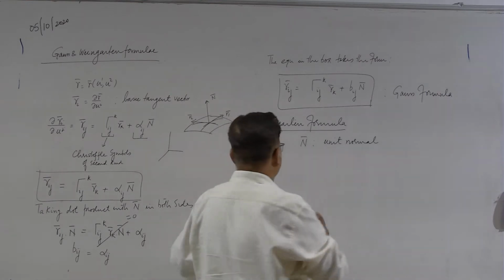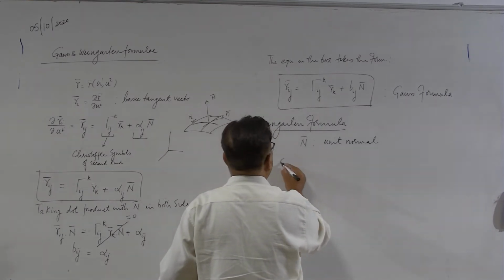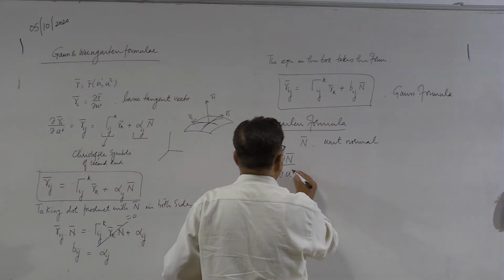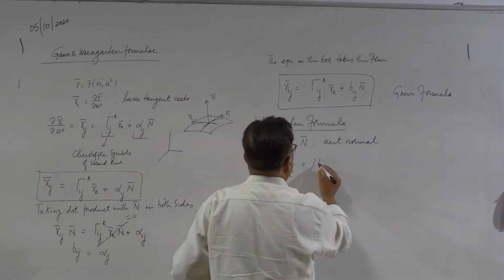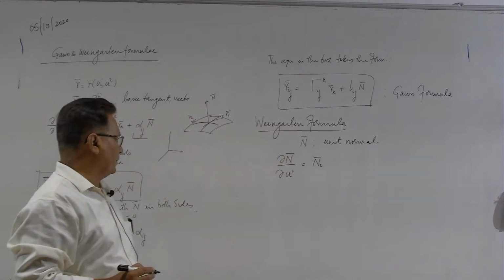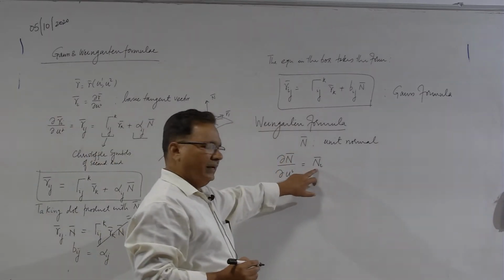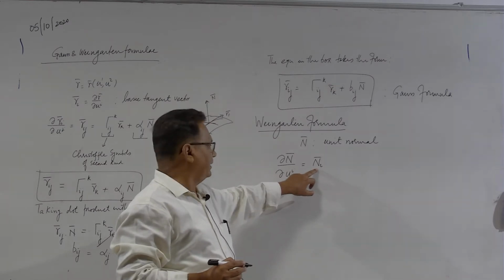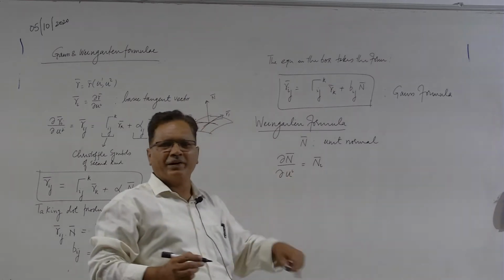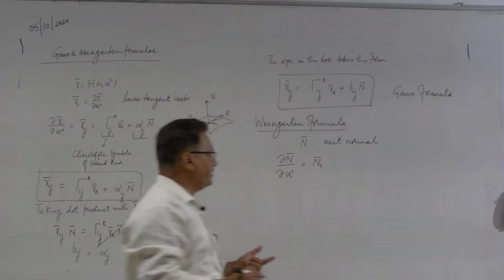So, now differentiate n with respect to u I. The derivative of n with respect to u I will be denoted by n I. Now, look at n I, what is n I? N I, the derivative of n with respect to u I, is in fact perpendicular to n.